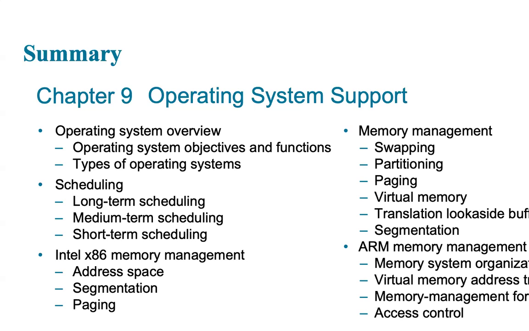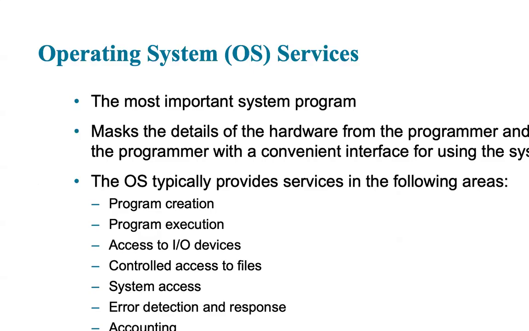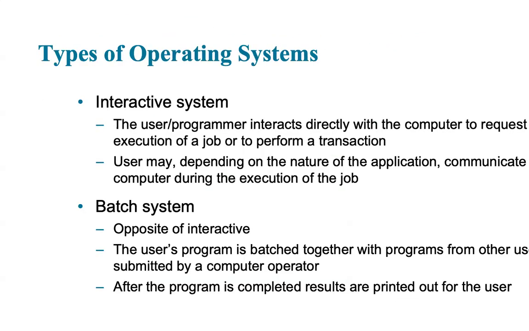Let me go back. Here are the two types, and first is the interactive system. This is the one that we're used to, where the user is interacting directly with the operating system.